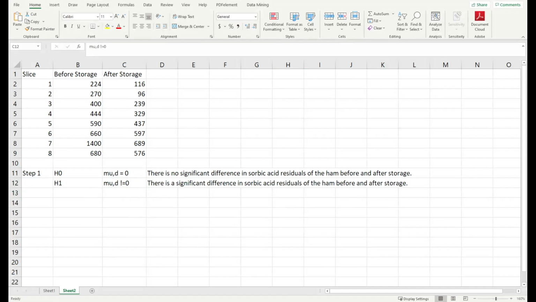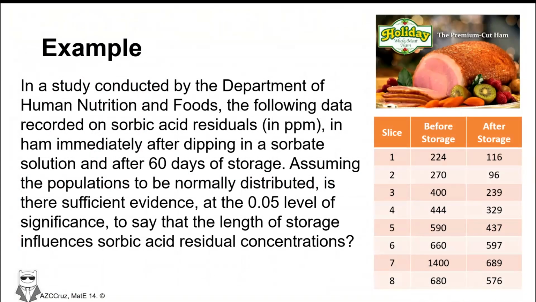And ito, class, we need to be careful dito. Let's balikan natin. Parang ang tanong niya is, assuming that the populations to be normally distributed, is there at 0.05, can we say that the length of storage influences sorbic acid residual concentrations? Okay? So, notice yung language na ginamit niya.